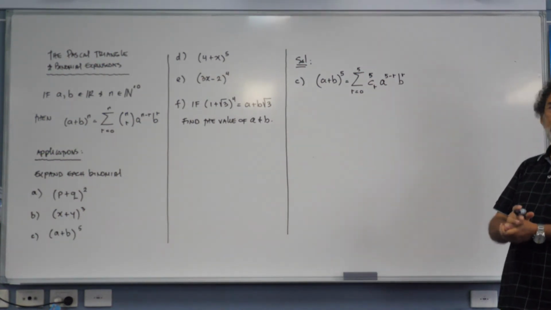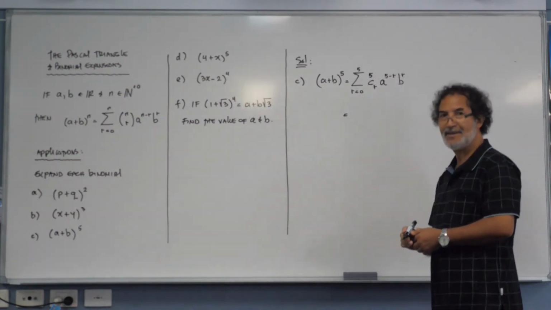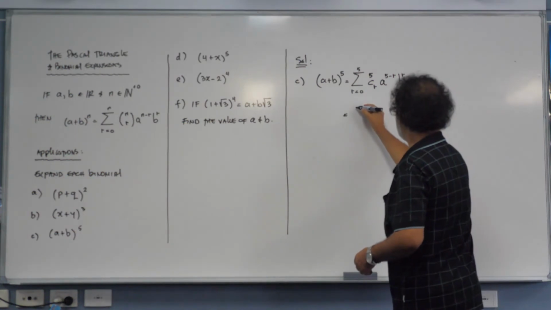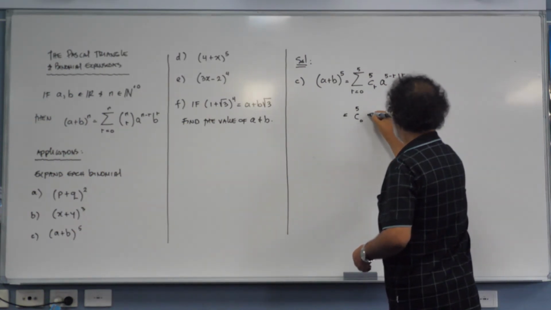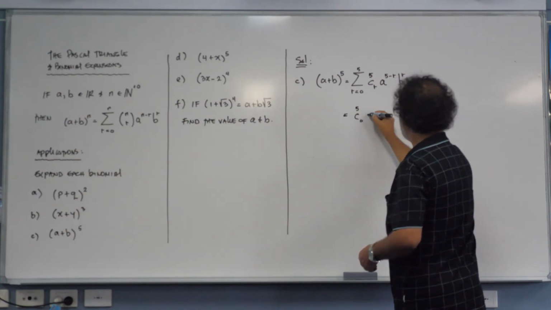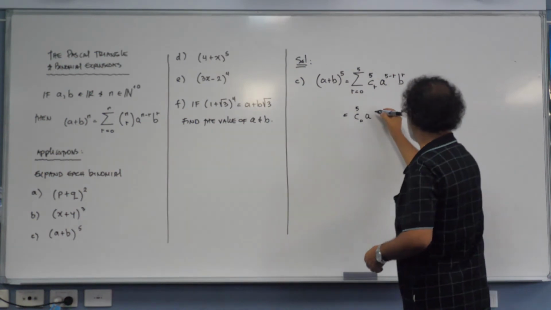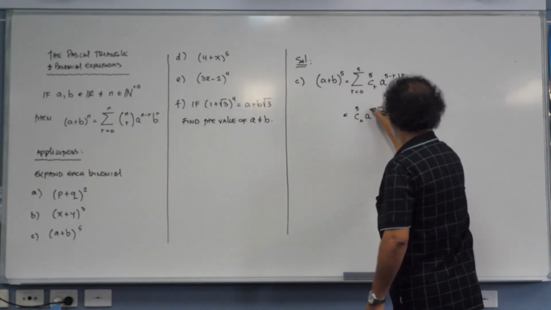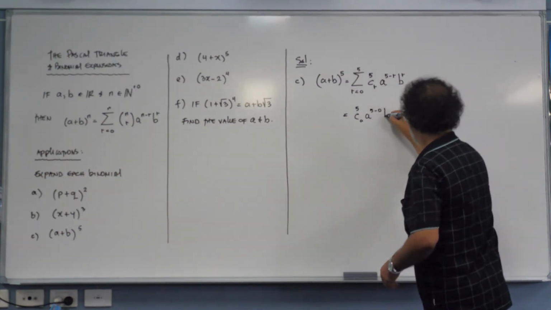Okay, Anna, you're going to help me with this one. So the first term is 5C0 times a to the power of 5 minus 0, and b to the power of 0.